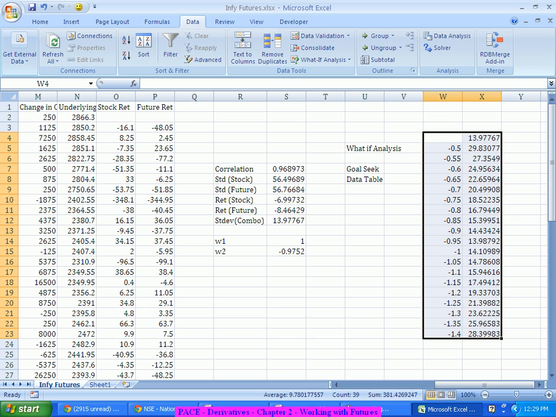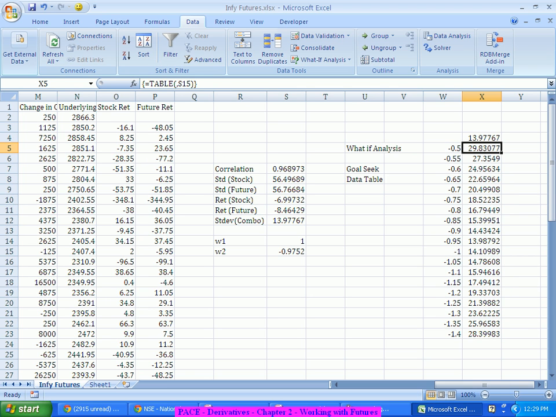Now when you do this, it will tell you that if it is minus 0.5, the risk is almost 29 units. Then it is coming down, 18, 16, 15, 14, 13, and again it is going up.